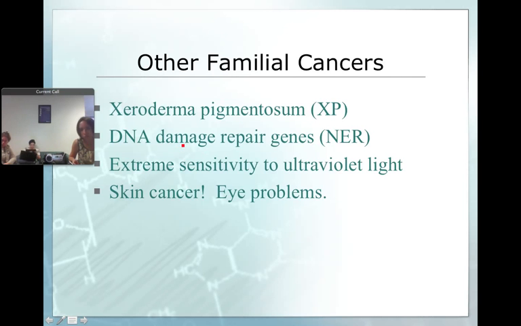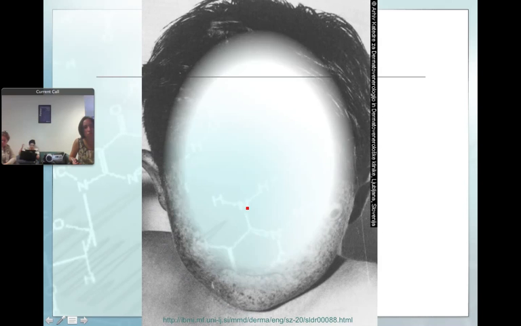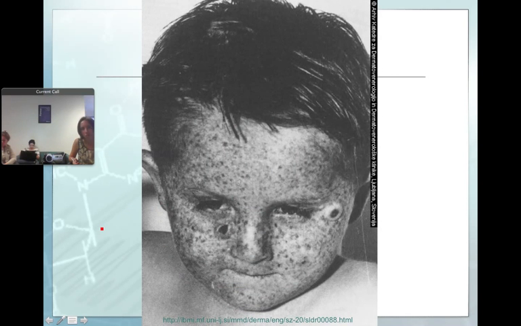And in particular, the genes that are defective are the ones that excise the damage caused by UV light. And so these people are very, very prone to getting skin cancer. They're really extreme, I mean crazy sensitive to UV light. And they also have eye problems because of the damage. So this is what someone looks like with XP. This is a young boy.